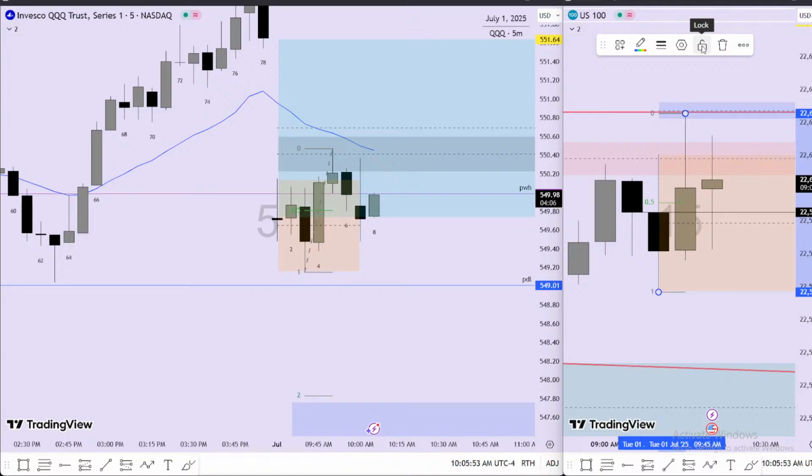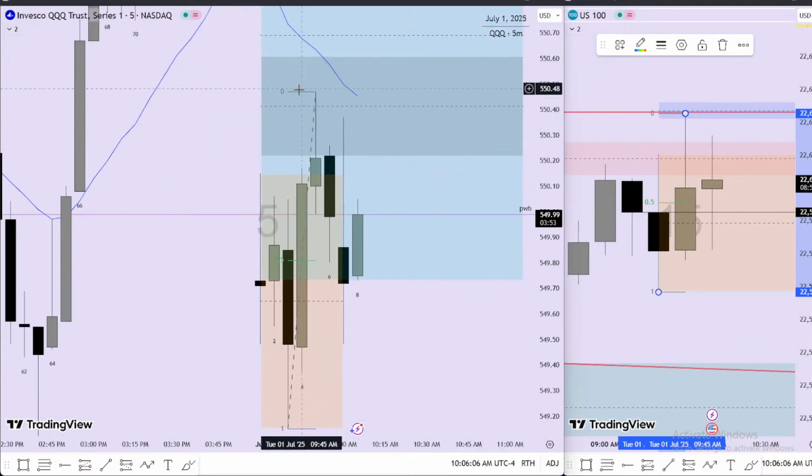Bar number eight. Bar number seven was an outside bar. Bar number eight is trying to move above the range, but it is leaving an imbalance to its tail.